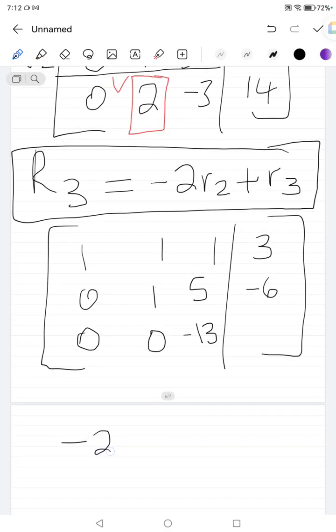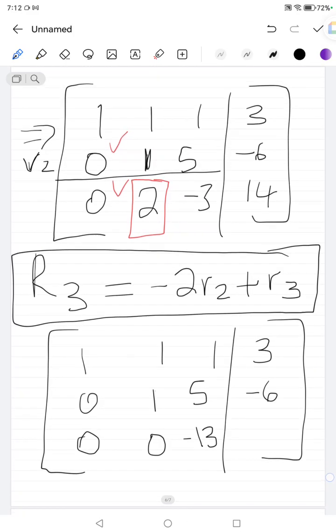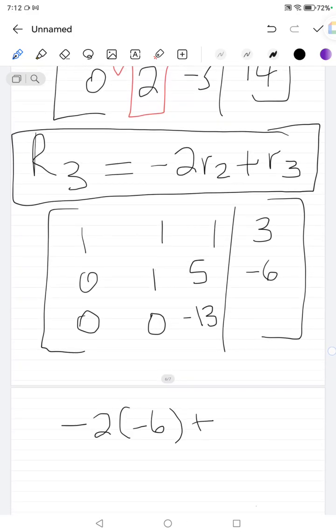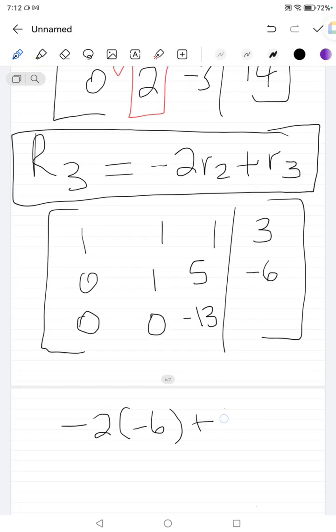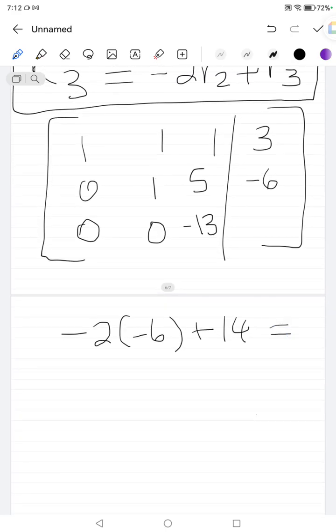We have minus 2 into minus 6 plus 14. Then this is equal to 12 plus 14. Then this would give you 26. So this side you're going to write your 26.